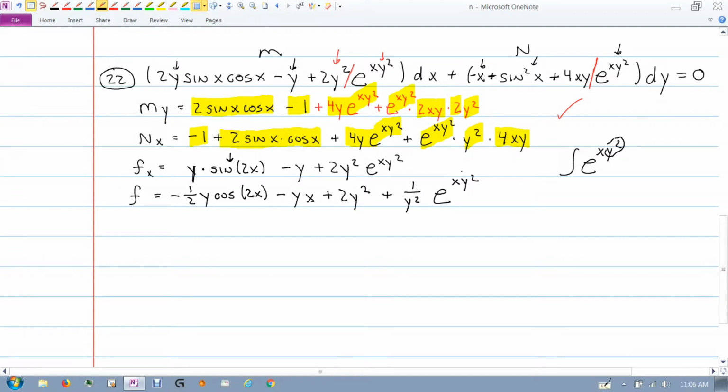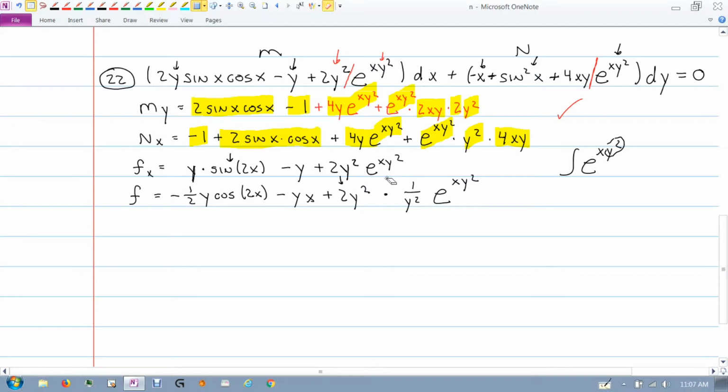And that's because when you take the derivative of this with respect to x, you get a y squared pop out, and we want it to not be there. So that's it. Oh, this should have been times right there. So I had my 2y squared right there, that was a constant, and then the antiderivative of that's right there.